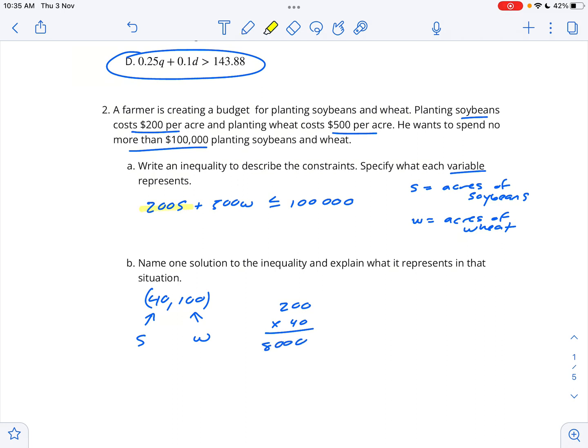So that's the first part of my inequality, 200S. And then I'm going to do 500W. So 500 times 100, and that's going to be 50,000. And you can see if I was to then add those together, it gives me 58,000, which is less than 100,000. So that would be one possible solution. And of course, there's a bunch of solutions that could be right for question 2.